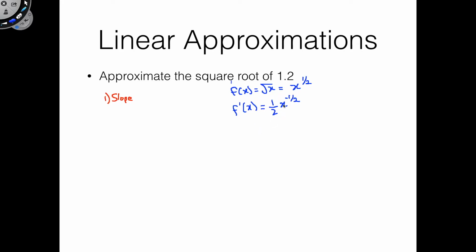We have a function that tells us our slope. But before we actually find the slope, we need to pick our c. Because we know a point close to 1.2, we're going to pick c equals 1. Now f prime of c is going to equal 1/2 times 1 to the negative 1/2, which is basically like 1 over 2 square root of 1, which is going to be 1/2.